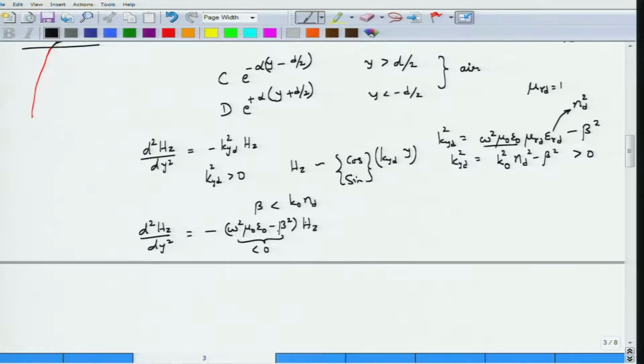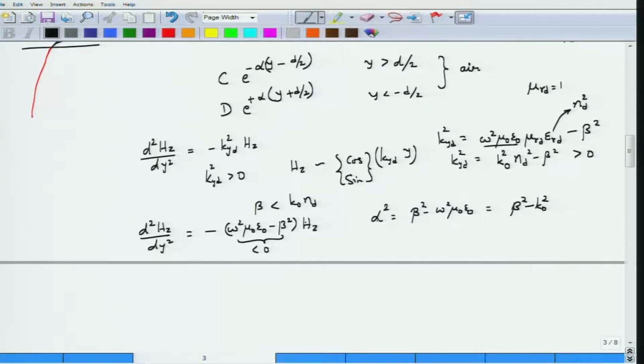Then the actual solution will be in the form of beta square minus omega square mu 0 epsilon 0 times Hz. So what I will do is define alpha square as beta square minus omega square mu 0 epsilon 0, or beta square minus k0 square.